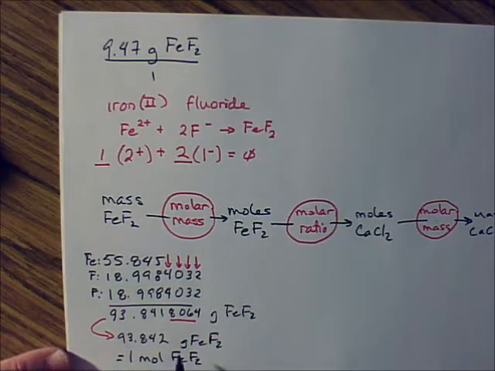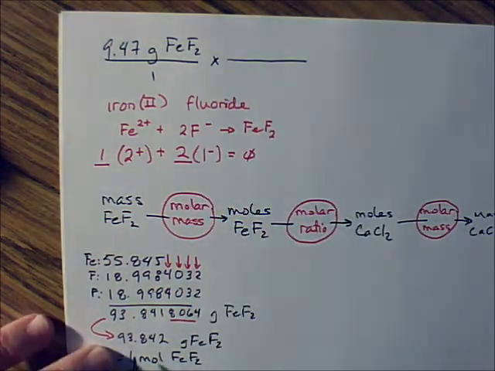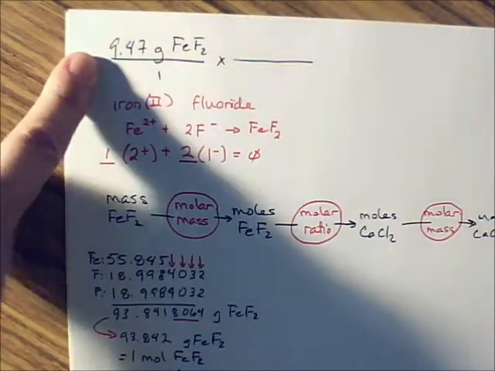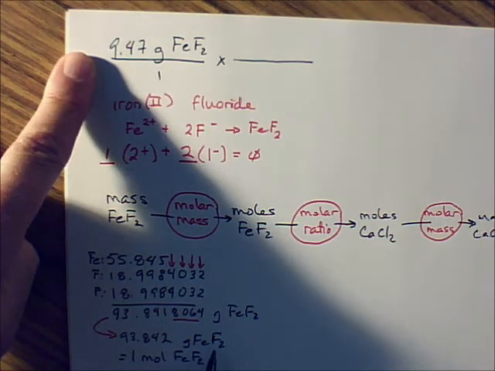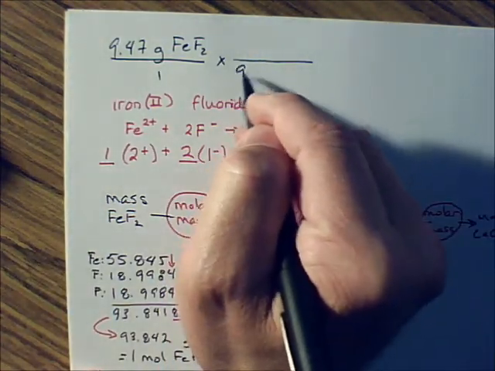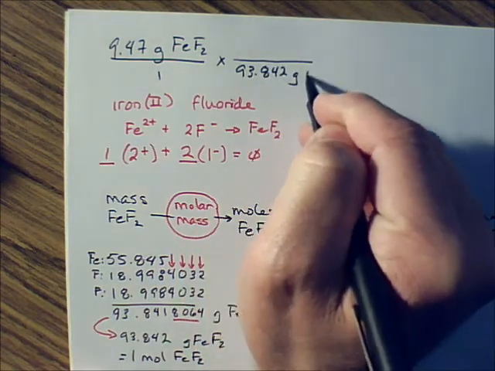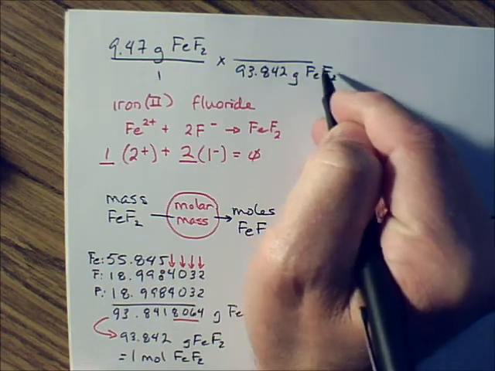Alright, so from this equality statement, we can build a conversion unit up here. We want the side of the equality statement that matches the starting amount's units and species to be on the bottom of this fraction. And that's 93.842 grams of FeF2.